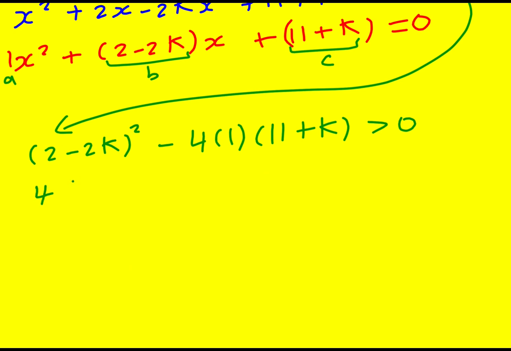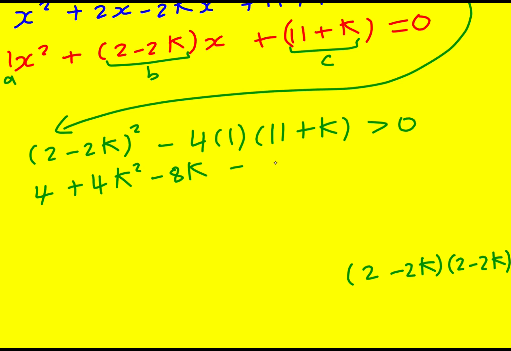So this is going to be 4 plus 4k squared minus 8k, because it's just 2 minus 2k times 2 minus 2k. I've just cross multiplied. Then minus 4 times 11, so minus 44, minus 4k is greater than 0. So, I can see a common factor of 4.